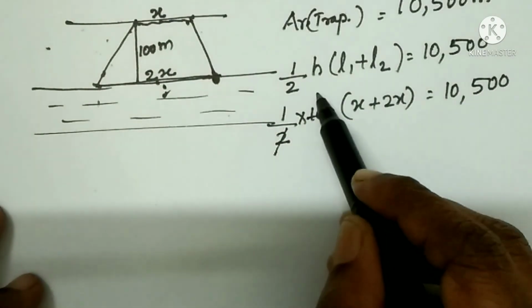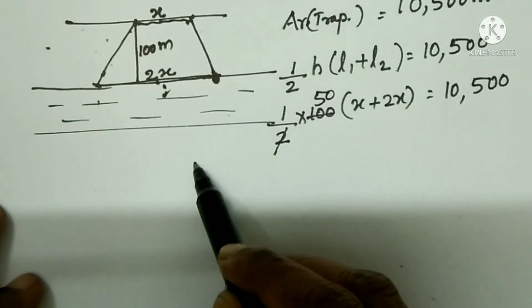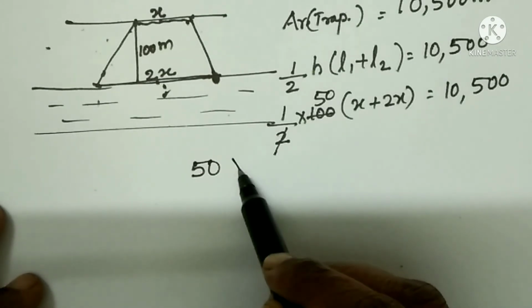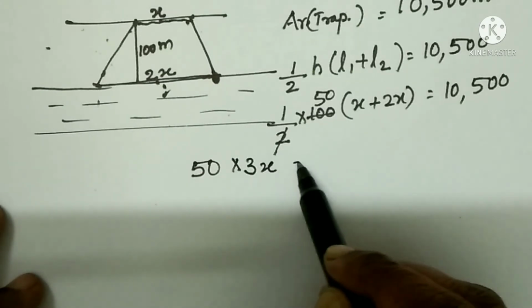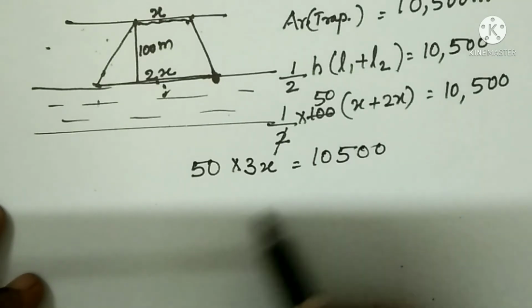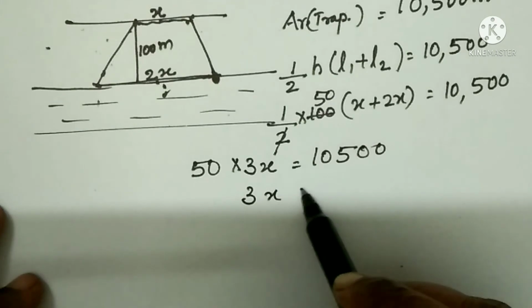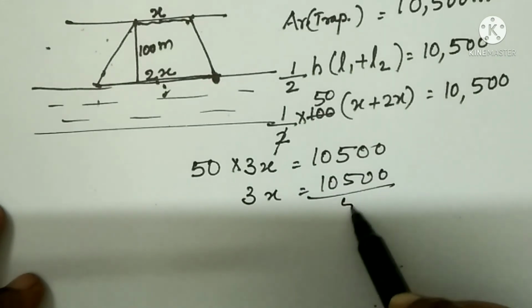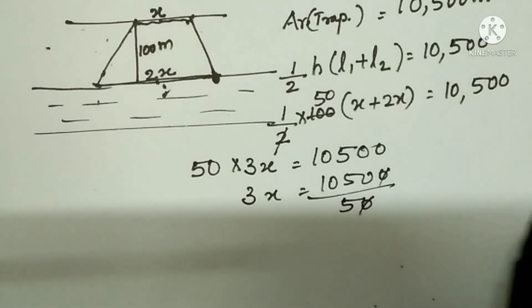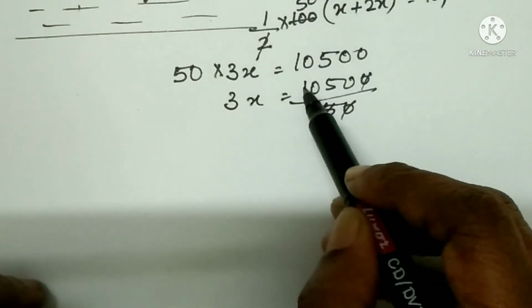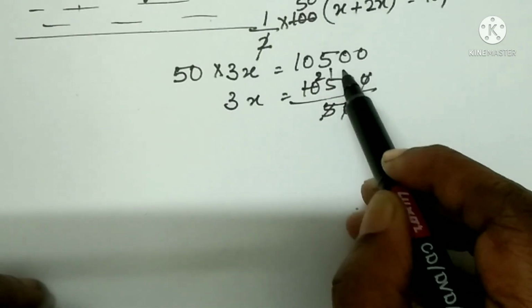So here we can do cancellation by 50. So 50 into x plus 2x is 3x is equal to 10,500. So 3x is equal to 10,500 upon 50. So 500 gets cancelled. Now 5 2s are 10, 1 and 0.